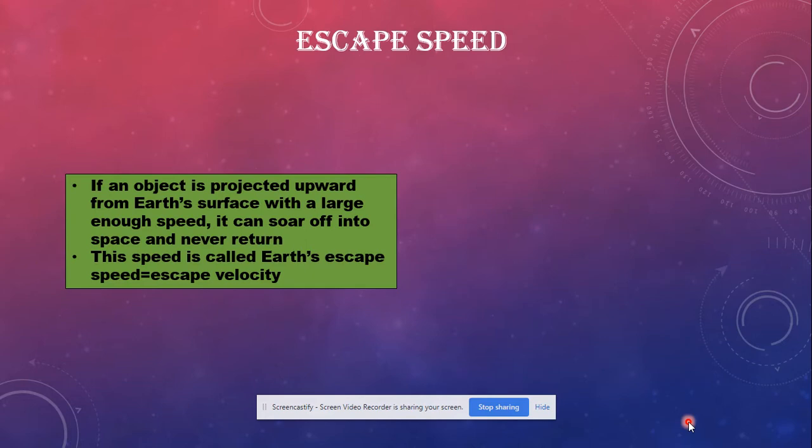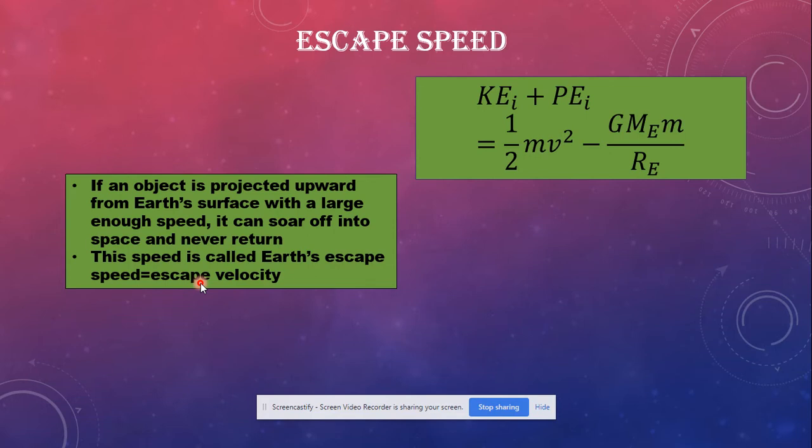Now, the next subtopic is about escape speed. If an object is projected upward from Earth's surface with a large enough speed, it can soar off into space and never return. This speed is called Earth's escape speed, also known as escape velocity. Now, this equation can be expressed with these derivations.